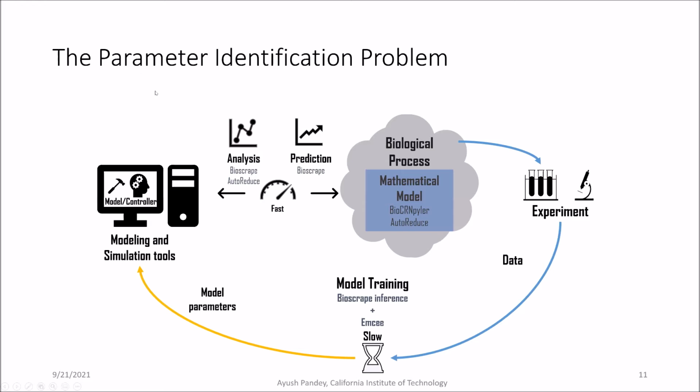The parameter identification problem, as many of you might be aware, is to identify or train your model given some experimental data.